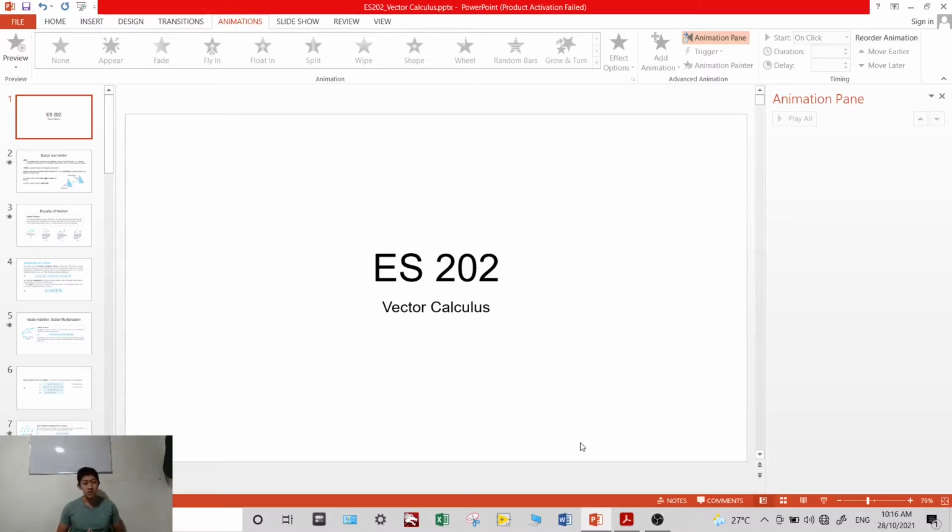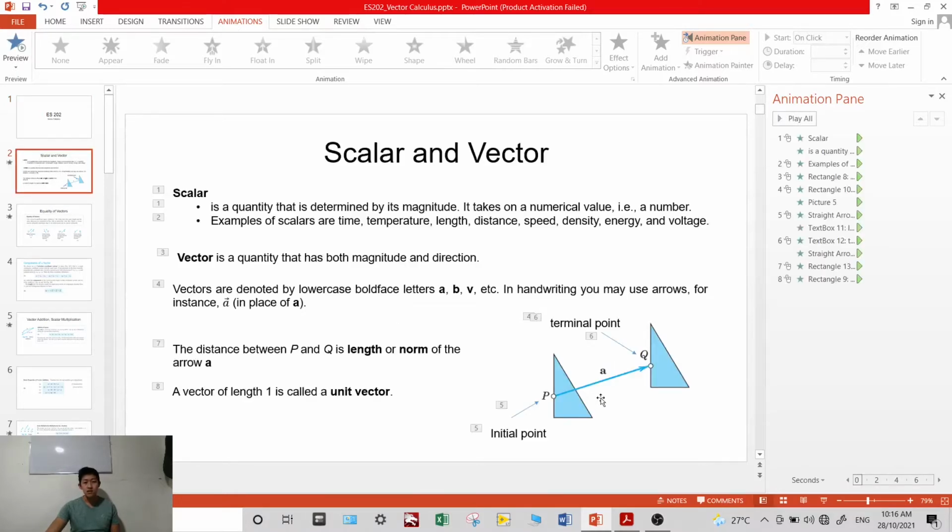So today we'll first review some of the aspects of what a vector is, and later on we will apply it to three-dimensional space.